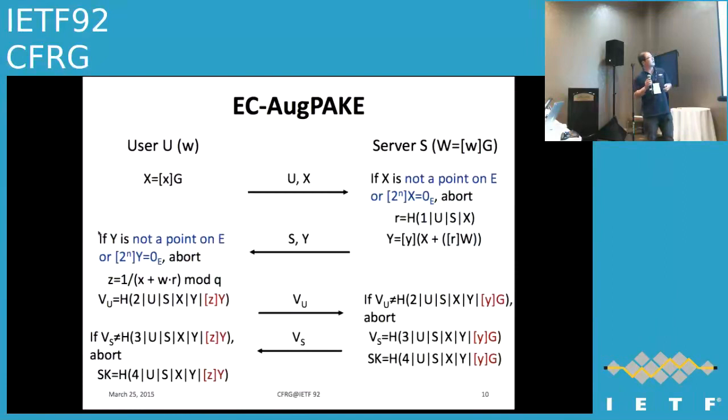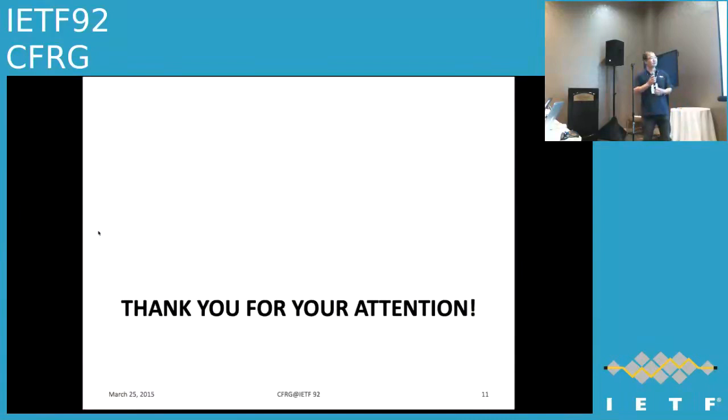It's the same for capital Y on the user side. The other parts of the elliptic curve version of OPAKE can be just rewritten from the finite field version of OPAKE. And that's all. Thank you.